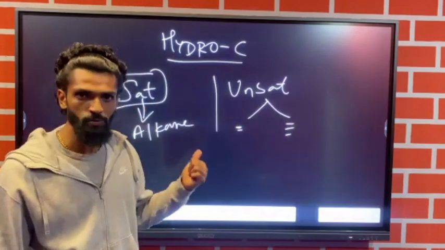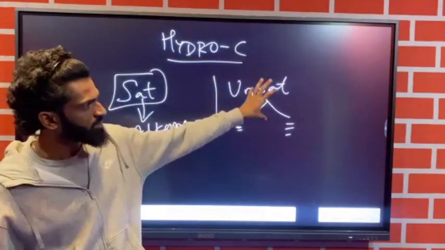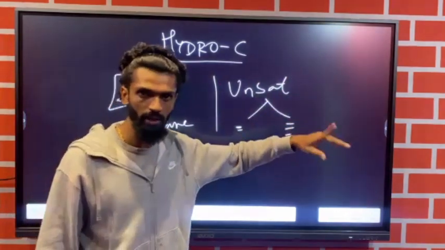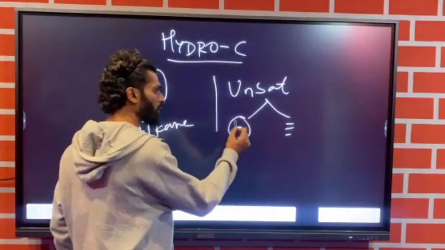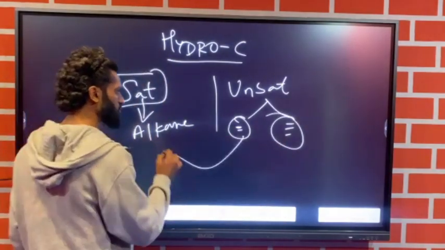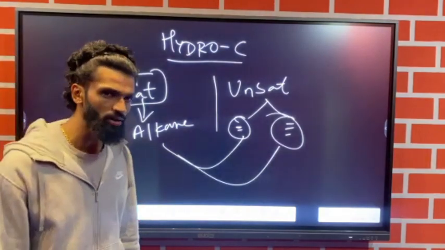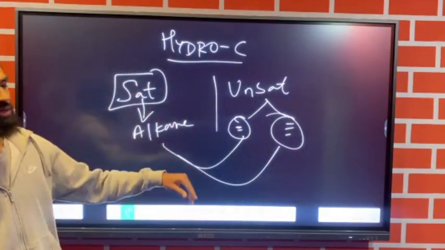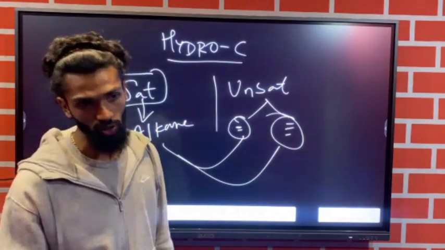A lot of concepts will be asked in a direct way. Convert this unsaturated hydrocarbon into saturated. Now the unsaturated can be anything. It can either be a double bond or a triple bond depending on the question. You have to convert each and everything into alkanes. Always understand, whenever we are trying to convert an unsaturated hydrocarbon to a saturated one, we always use hydrogen, some sort of hydrogen at least.